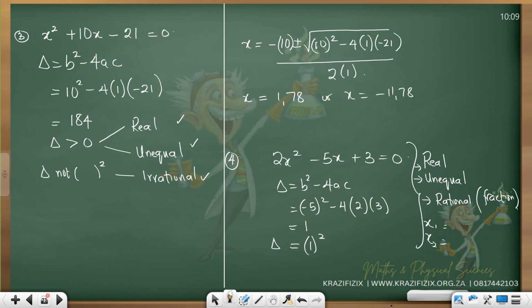I don't want to fall behind. Lusanda gave me 1,5 or 1. Lusanda, is this the answer for number 4? Yes, sir. So 1,5 or 1. And what is 1,5? It's 3 over 2. Alright, so do you see they are real, they are not the same, and can be written as a fraction.